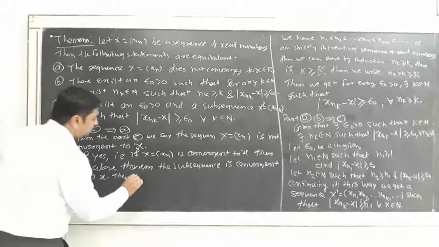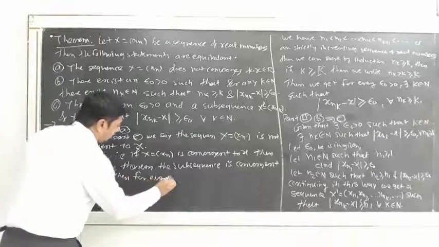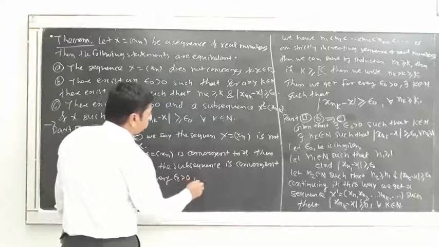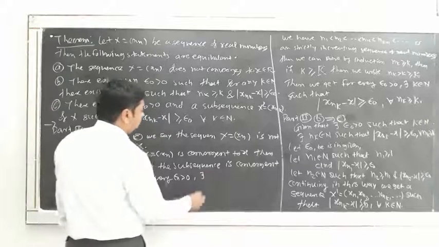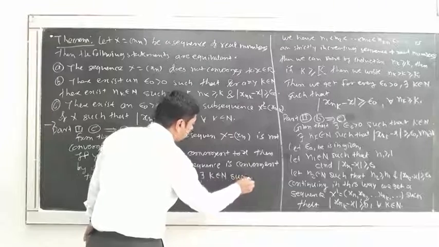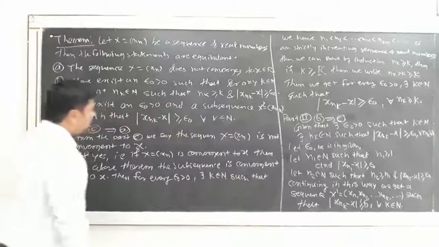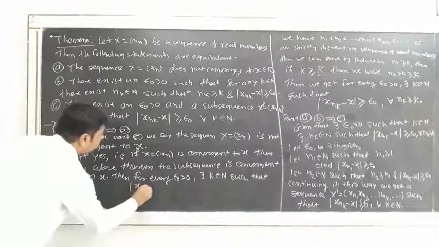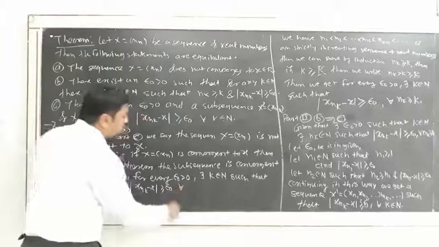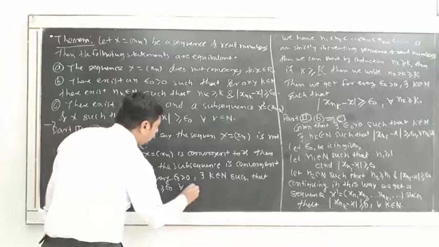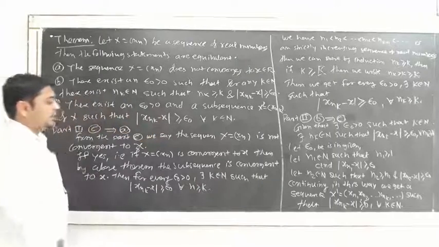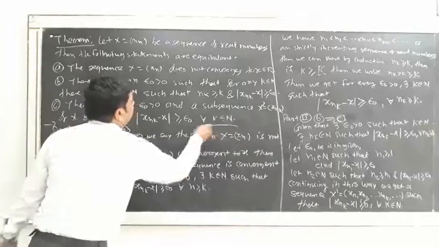And then for epsilon 0 greater than 0, there exists k belonging to the natural numbers such that mod of xnk minus x is greater than or equal to epsilon 0 for all n greater than or equal to k, which is a contradiction to our given statement.